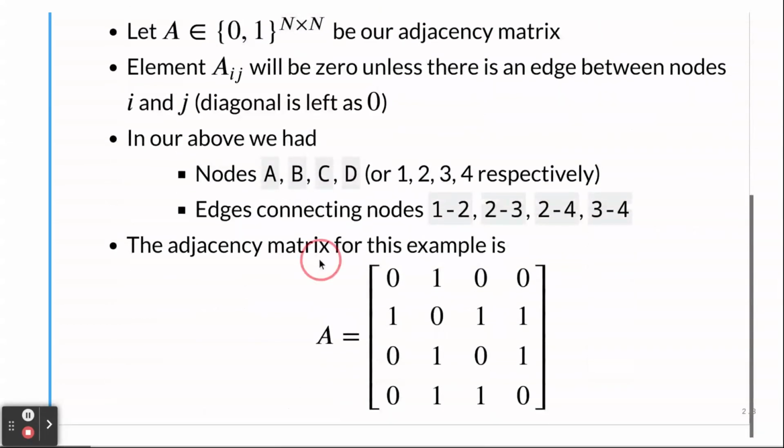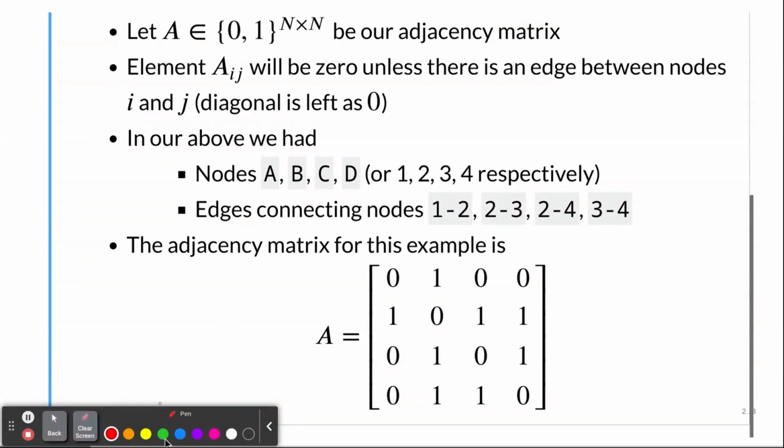So let's think through how we would represent our graph from above using an adjacency matrix. We had 4 nodes. We're going to map A into node 1, B is node 2, C is 3, and D is 4. And then we had the following structure of nodes. A was connected to B, and then B to C, B to D, and C to D. Now, the adjacency matrix for this example is the following. We have here zeros along the diagonal, as we mentioned just a moment ago.